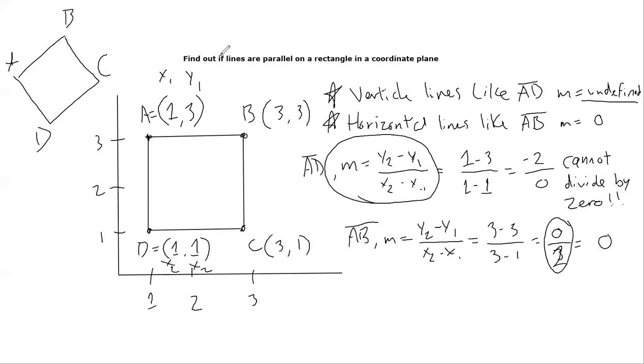So it's 100% possible to divide 0 by a regular number, and you're going to get 0 every time. That's actually possible to calculate. So AB, a perfectly horizontal line with no rise, has a slope of 0. A perfectly vertical line has an undefined slope.